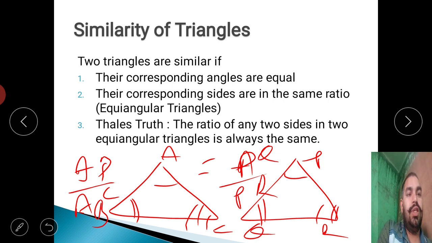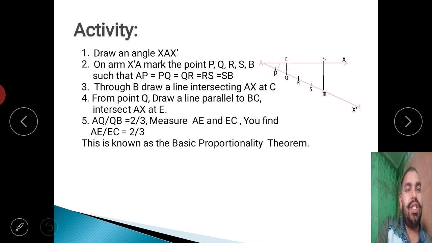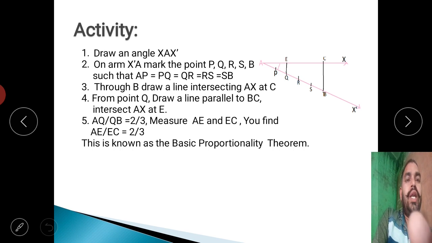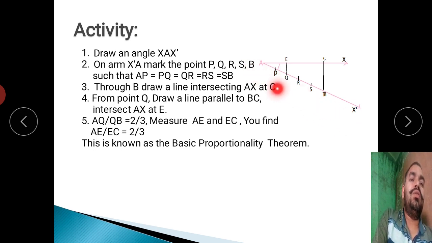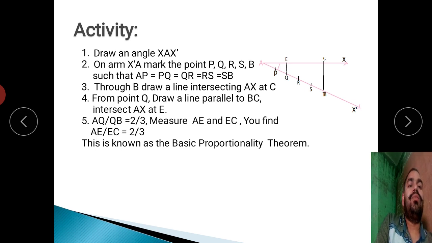To understand this Thales theorem, we are taking an activity. Draw an angle X'AX. On arm X'A, mark the points P, Q, R, S, B such that AP equals PQ equals QR equals RS equals SB.